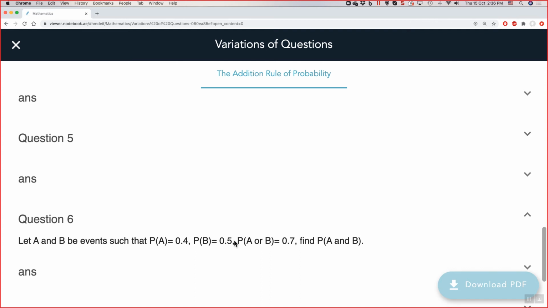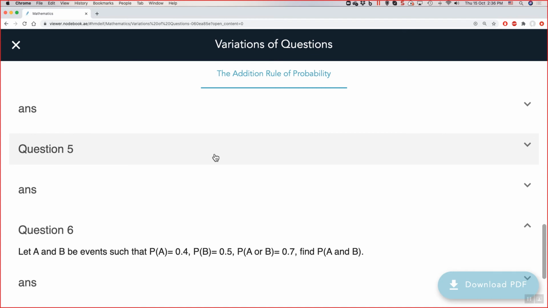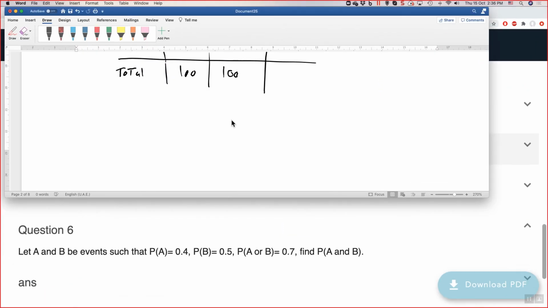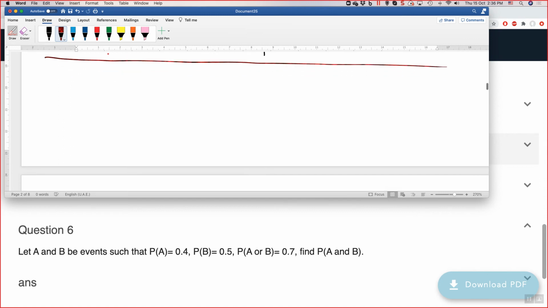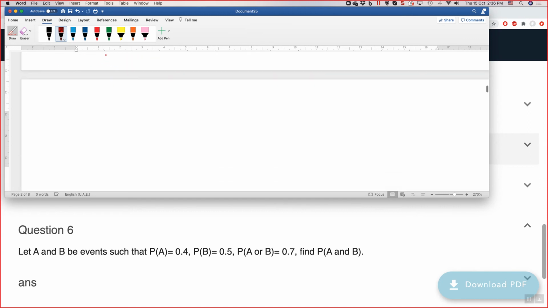Now that should be easy, because I can just substitute all of these in the equation and try to solve it. The only difference in this example is that the OR is now given and the AND is required, so I have to solve an equation for this. So maybe I can do this here.